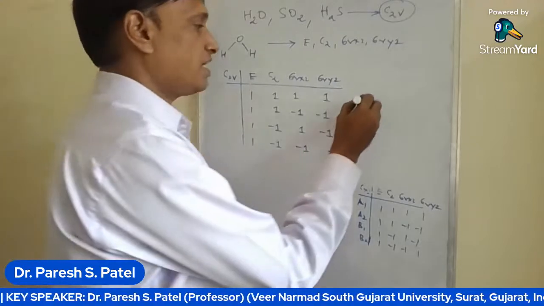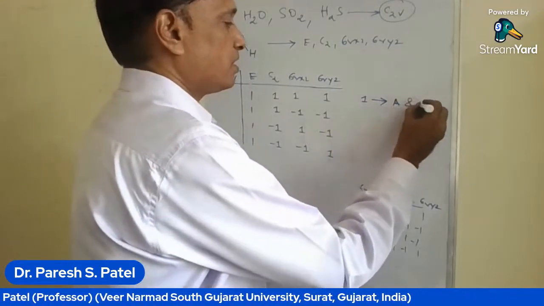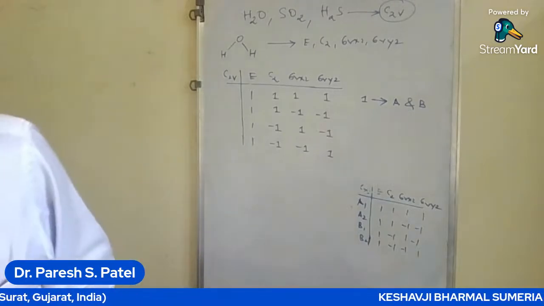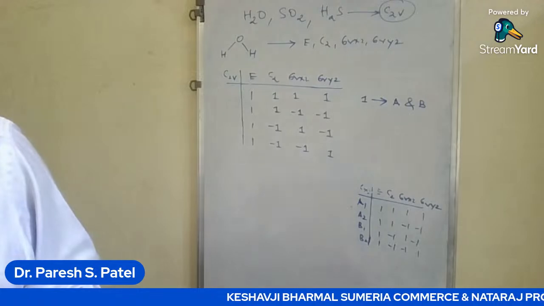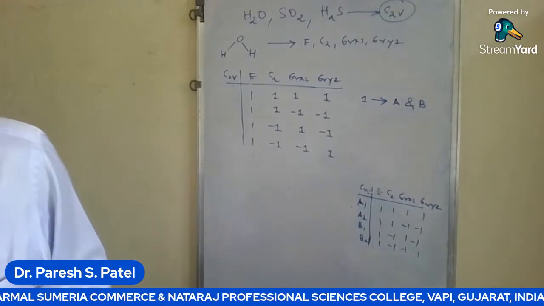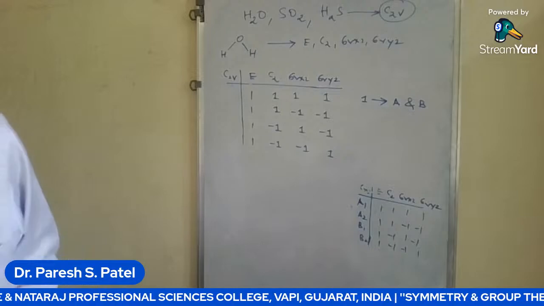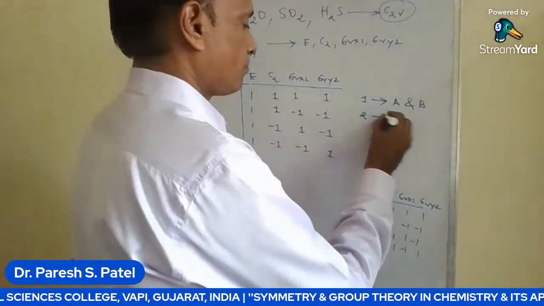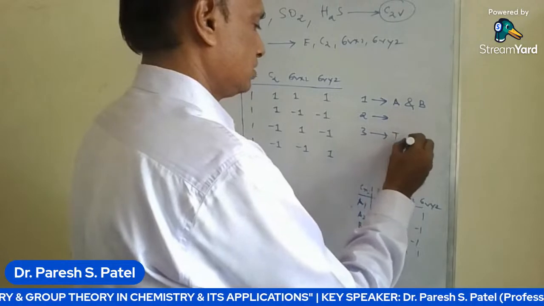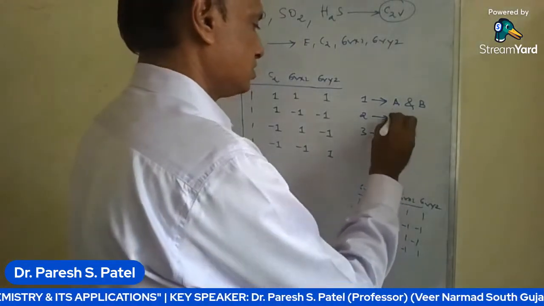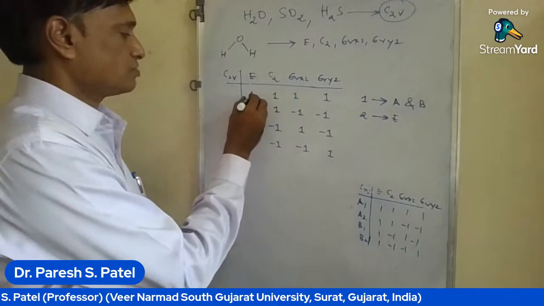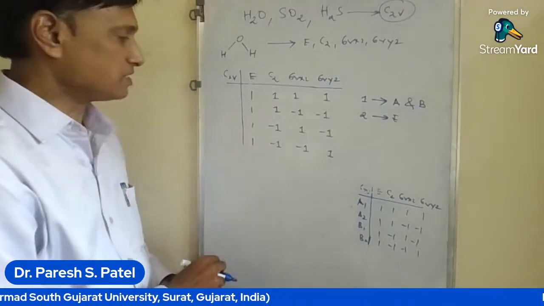Remember that capital letters A and B can be used for one-dimensional representations, while E is used for two-dimensional representations and T for three-dimensional ones. Here, all four representations are one-dimensional.